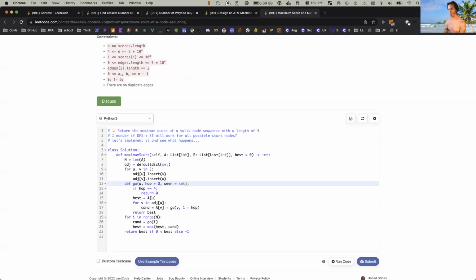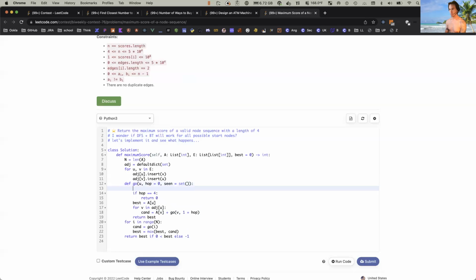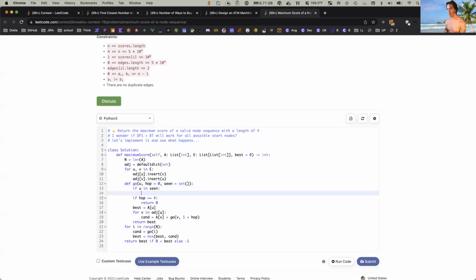Seen equals set. If v has been seen, then return infinity.